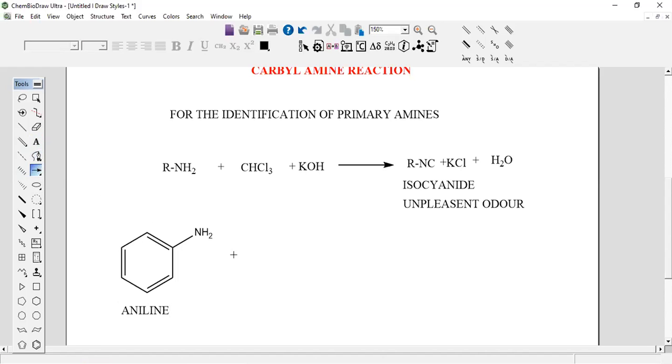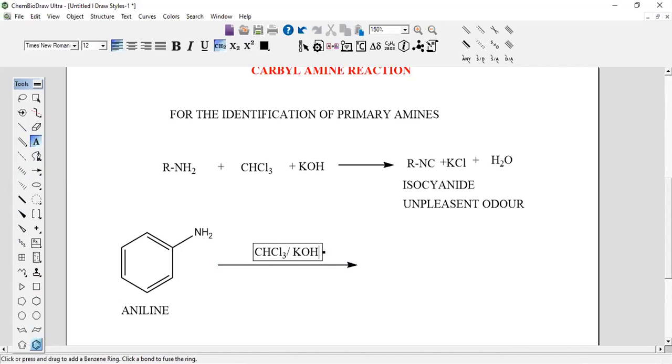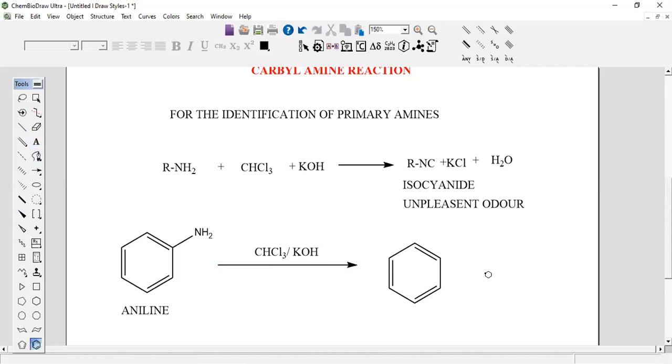When aniline is treated with chloroform, and another is the potassium hydroxide, simply what happens is that this aniline is converted into phenyl isocyanide.